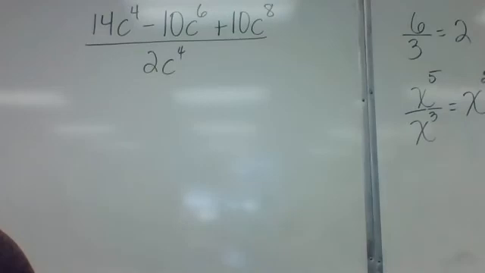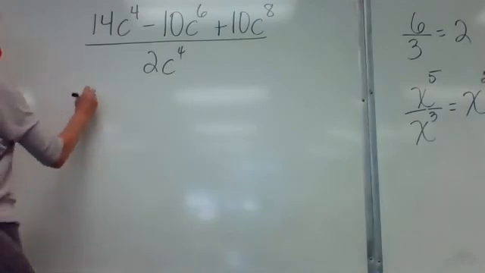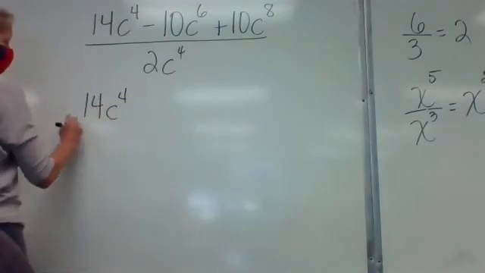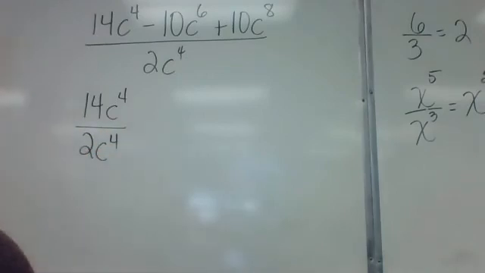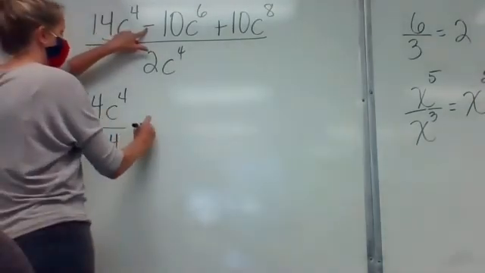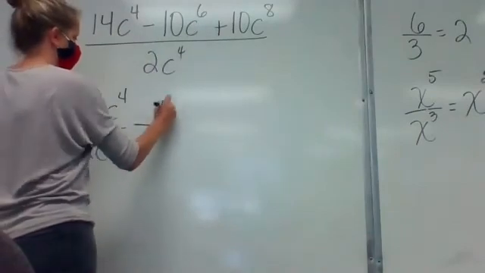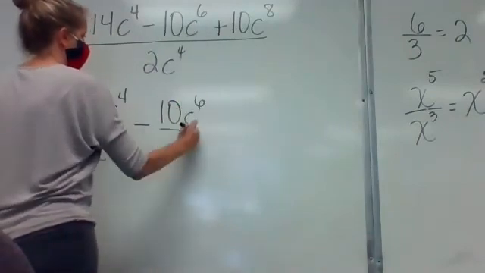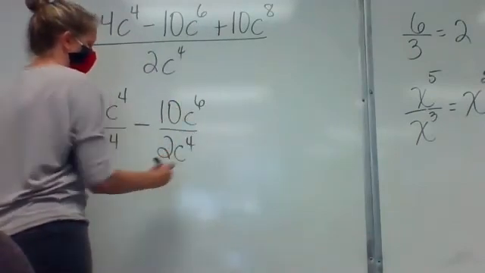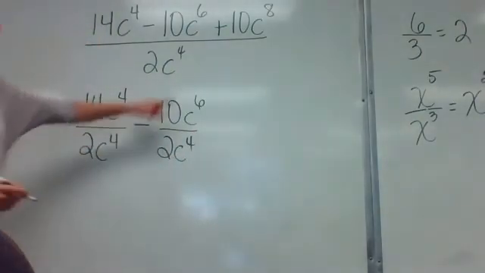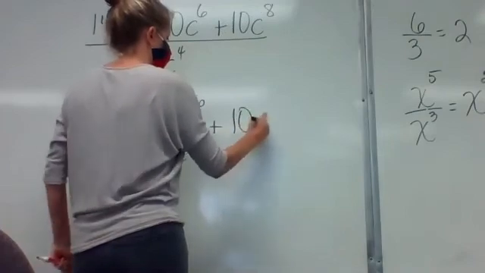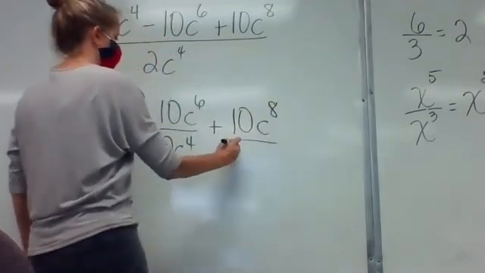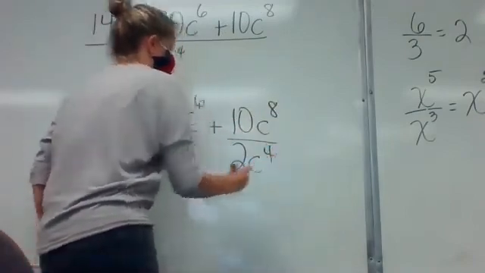So let's write it like that. Everybody gets a 2c to the 4th in the box. So 14c to the 4th over 2c to the 4th minus 10c to the 6th over 2c to the 4th plus 10c to the 8th over 2c to the 4th.